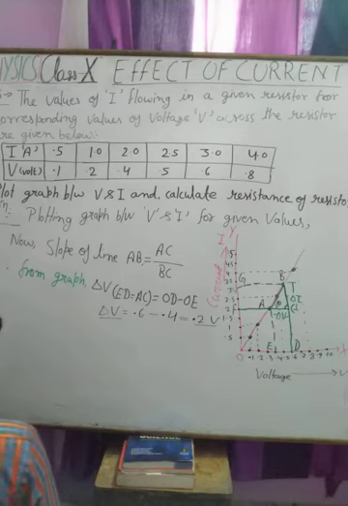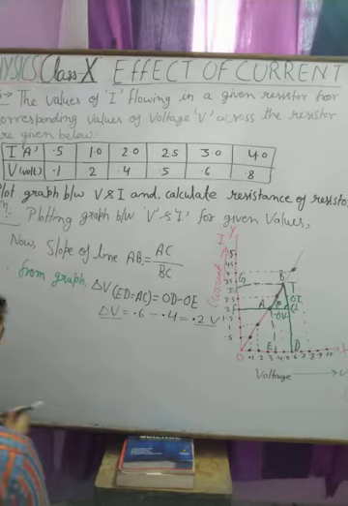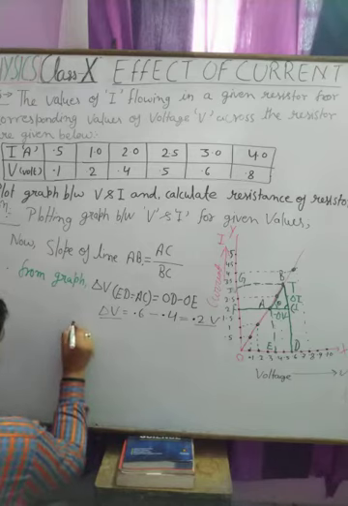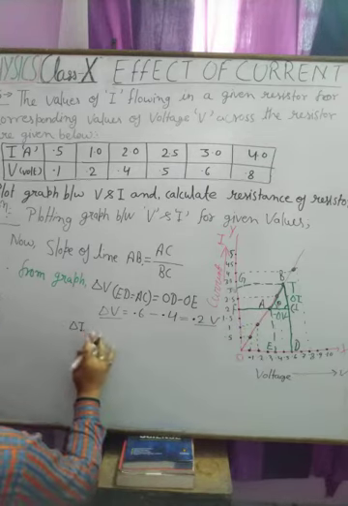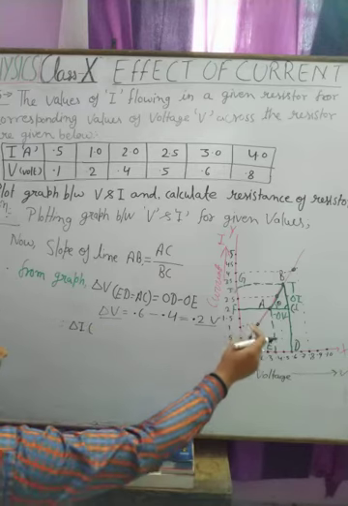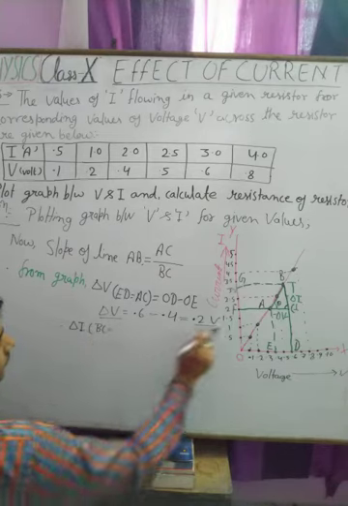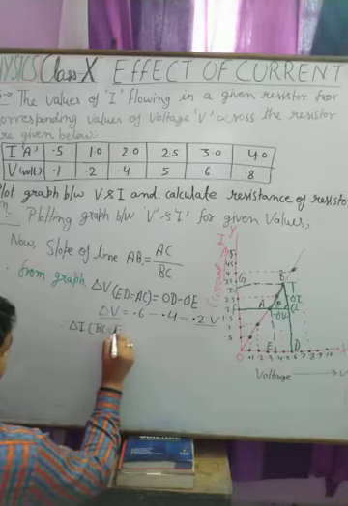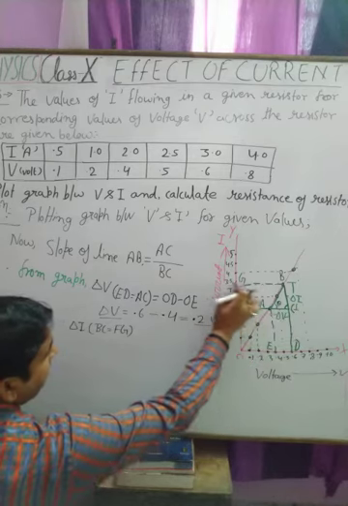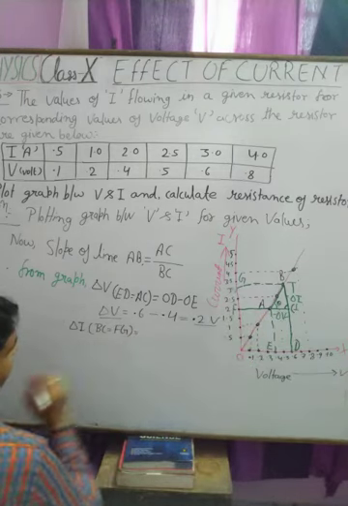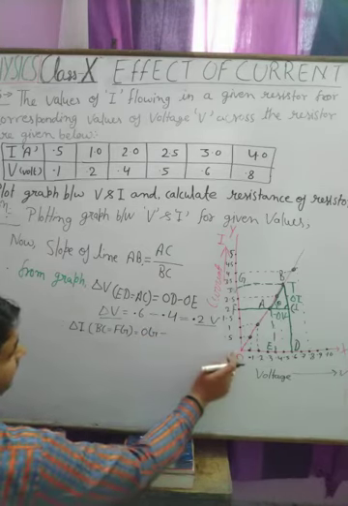Similarly, del I is equal to BC or FG. Okay student, because this is a rectangle, opposite sides are equal, therefore OG minus OF.